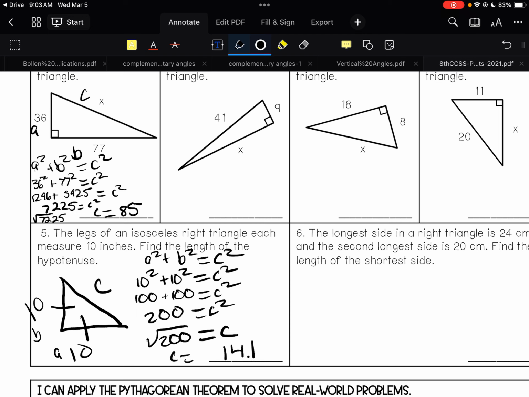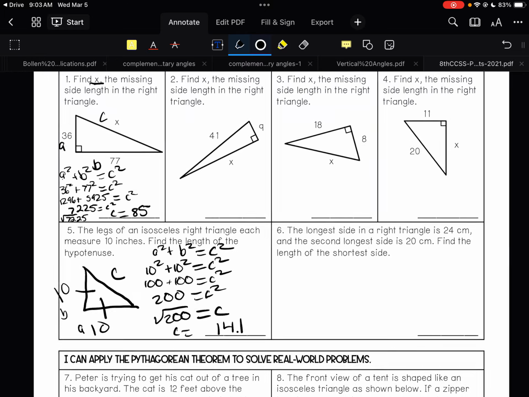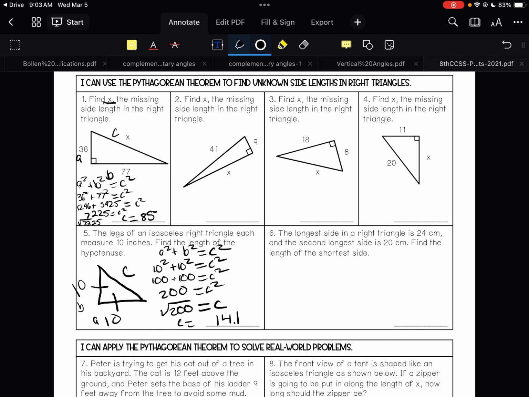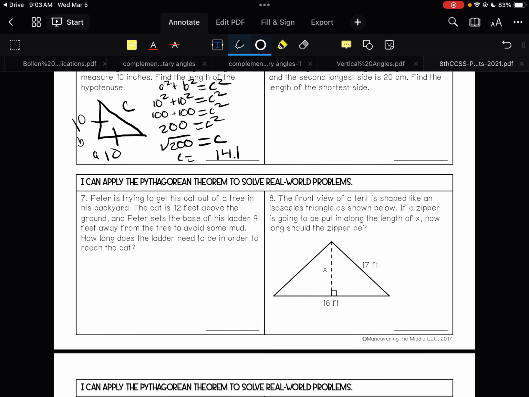So C is equal to 14.1. You can go ahead and try the next one, remembering that the longest side is always going to be your hypotenuse, so you have C here.